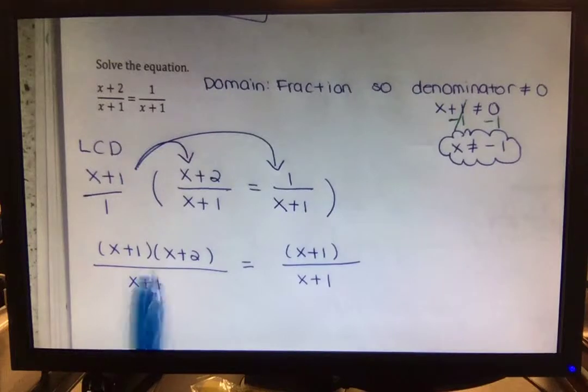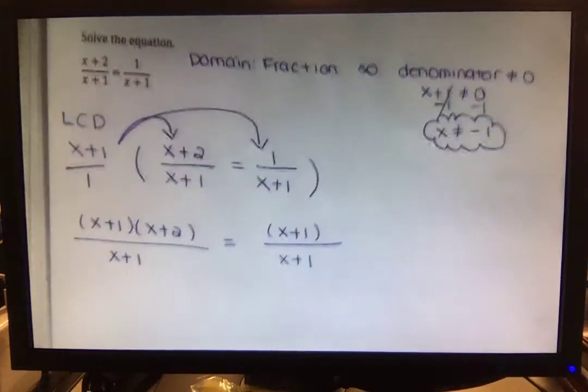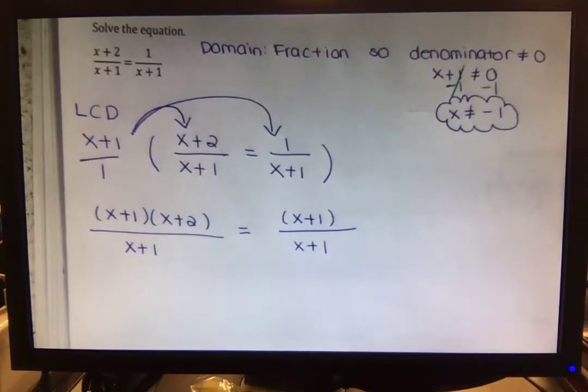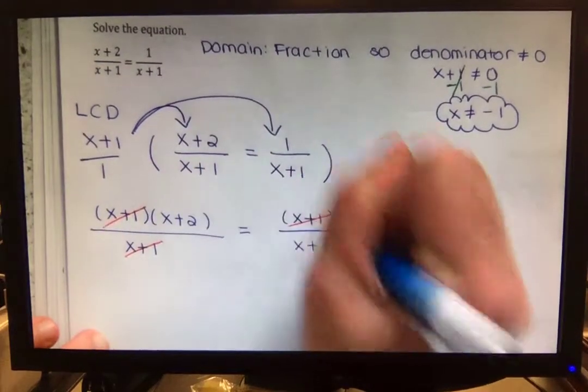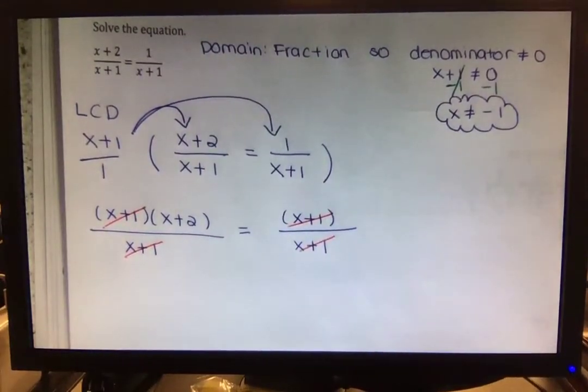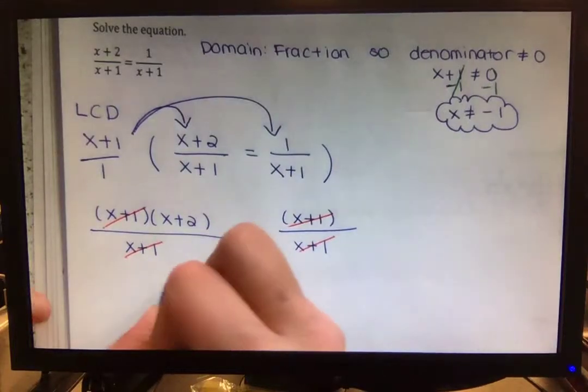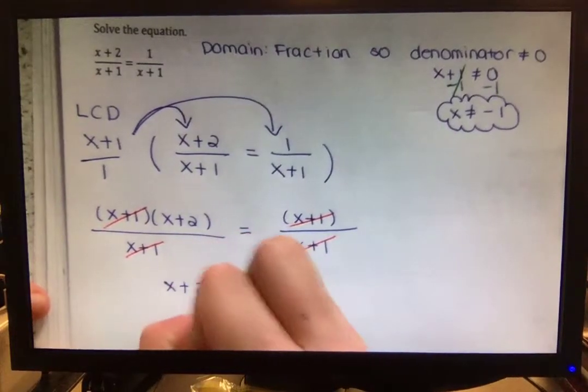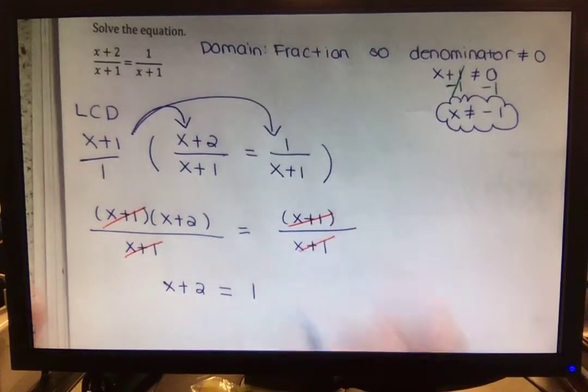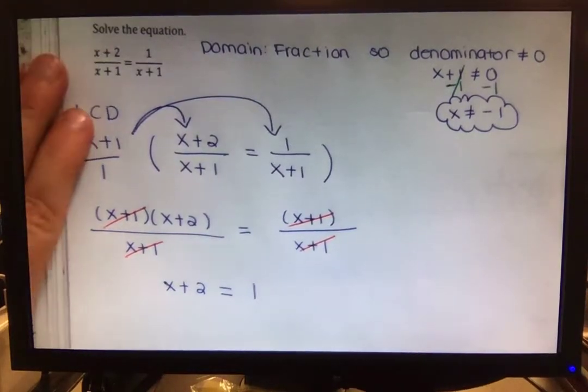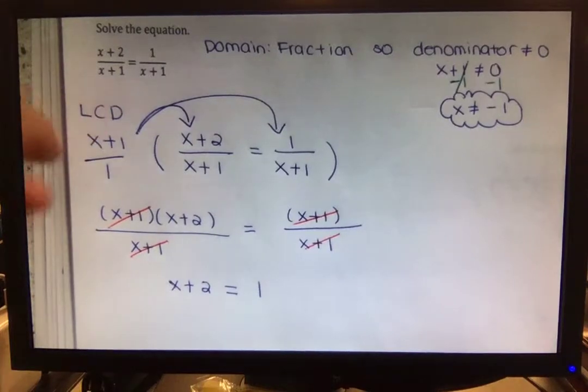So basically the LCD went to the tops, the numerators of both equations. What cancels? X plus 1s. What's left over on the left-hand side? X plus 2. What's left over on the right-hand side? 1. Good. X plus 2 equals 1. So we got rid of the fractions. That's what we wanted. So now I can solve this like normal.